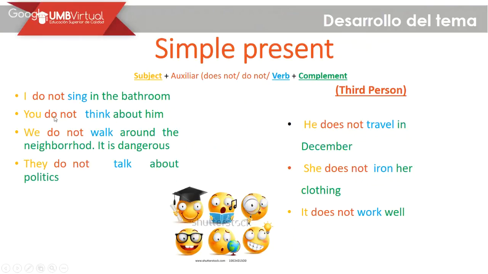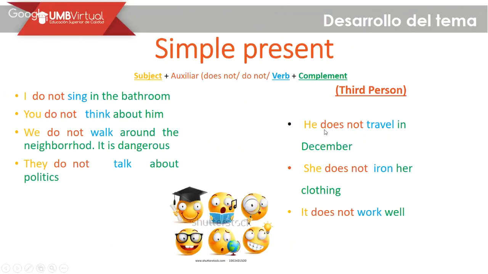En este caso, todos estos sujetos siempre van a ir seguidos de do not or don't. Next, we have the verb. Este verbo siempre va a ir en forma base, no lo vamos a conjugar. Y finalmente el complemento. This one is going to be the same structure, the only word we change is, instead of writing do not, we have to write does not, because the subject is different, okay?